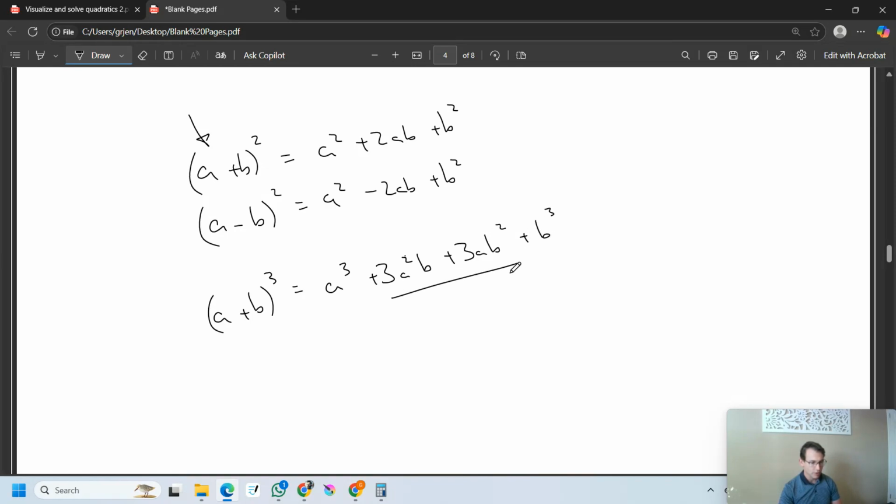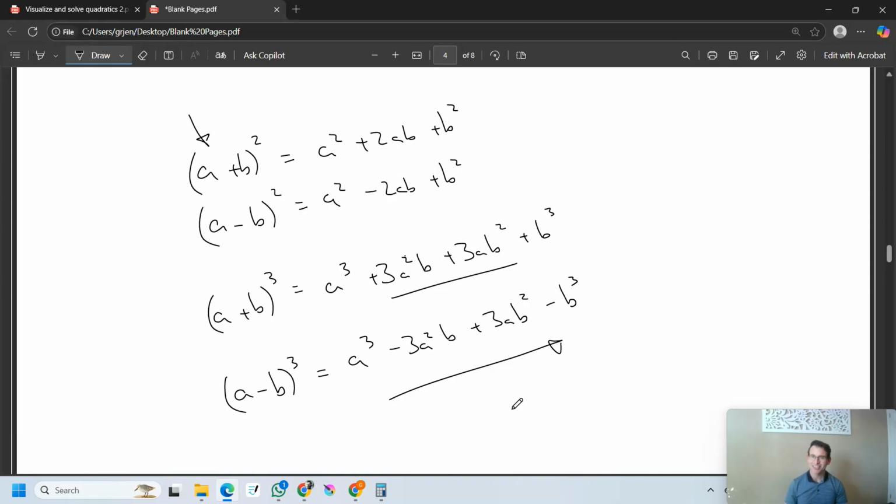Okay, so if you've got something in the middle that looks like that, you can force these factorizations as well. Okay, and then similarly, A minus B cubed is equal to A cubed minus 3A squared B plus 3AB squared minus B cubed. Okay, so we're just going to alternate our signs as we go through, as ending up how it works there. I'll let you explore the why.